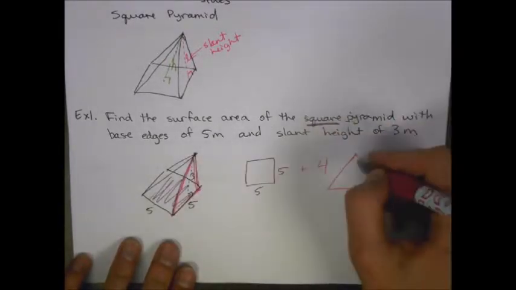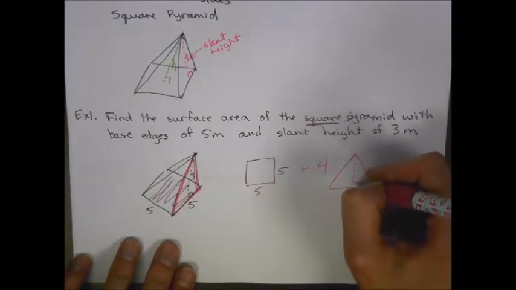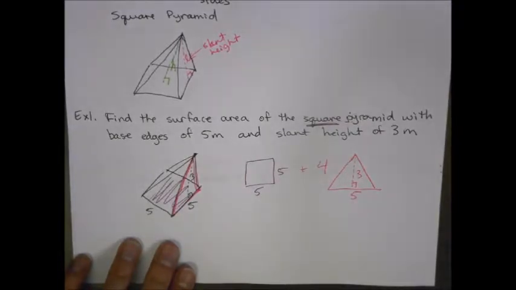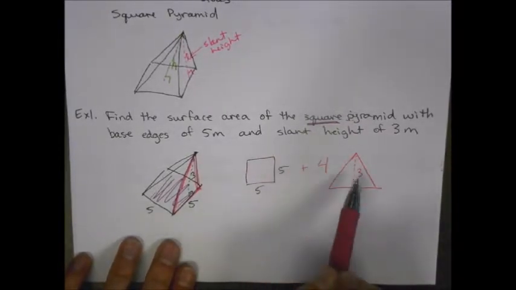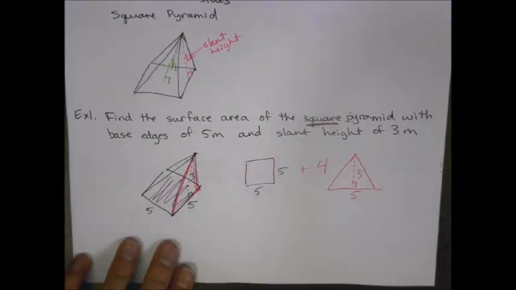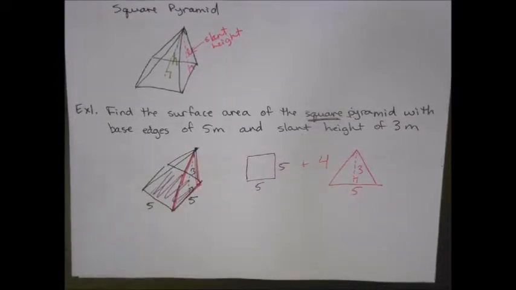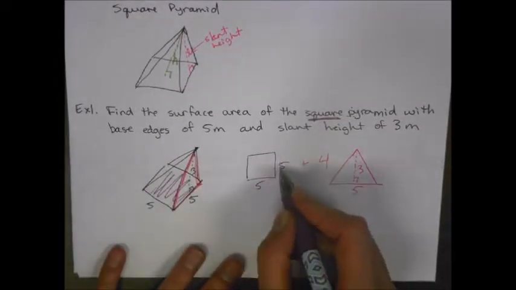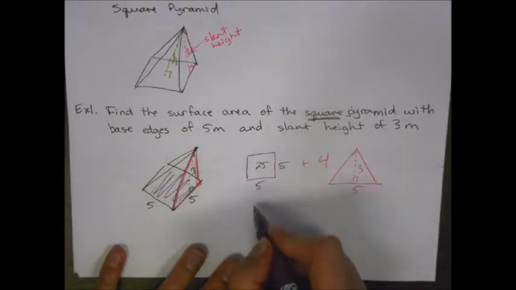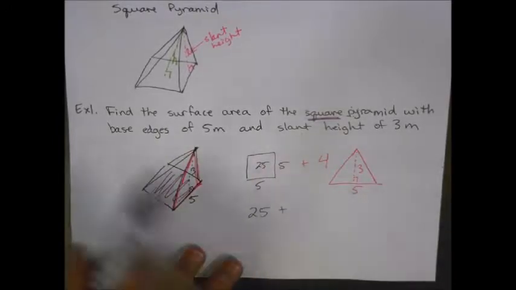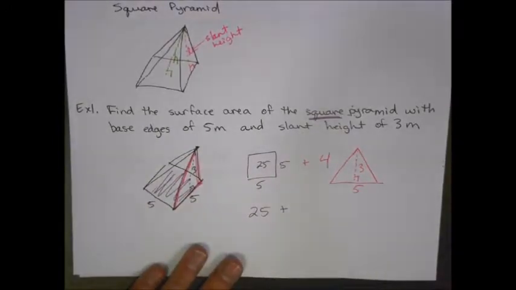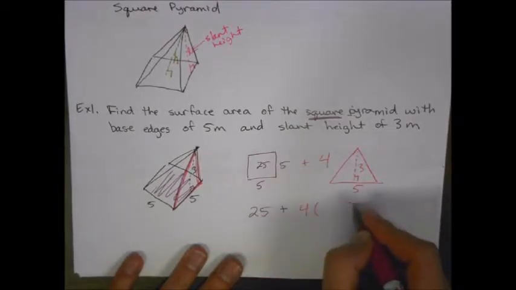Let's find the area of each of these. Well, area of the square is 5 times 5, so that's 25. Here I have 4. Area of a triangle is 1/2. We have 2 perpendicular segments, so we have 5 times 3.